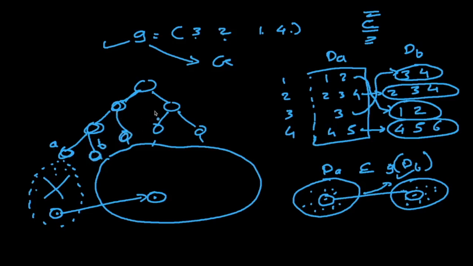This node, and this node. It's sufficient to explore only these things, right? Because the domains over here are already a subset of domains over here, so we don't really need to compare with domains over here or here or things like that, right? So this is the simplest way in which we can use symmetry to prune our search tree.